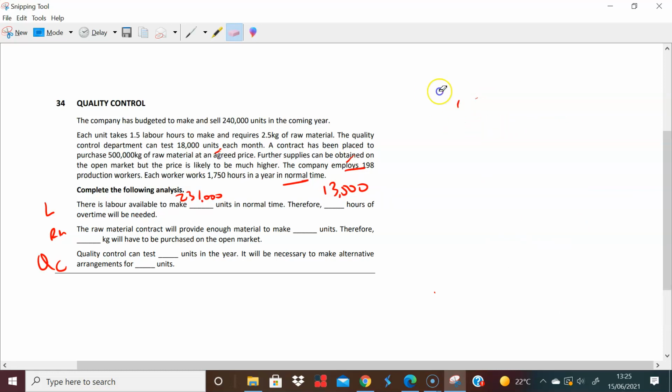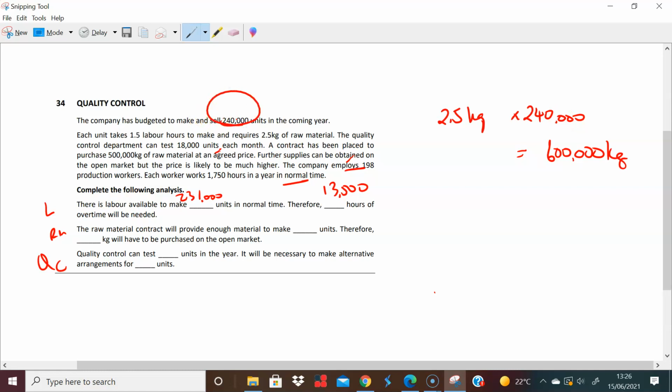Yes, and so we have the next situation, where let's look at the raw materials this time. It says each unit requires 2.5 kilograms of raw material, and we're just going through the same process. So 240,000 units will require 2.5 kilograms times 240,000, which is 600,000 kilograms of raw materials to make this happen.